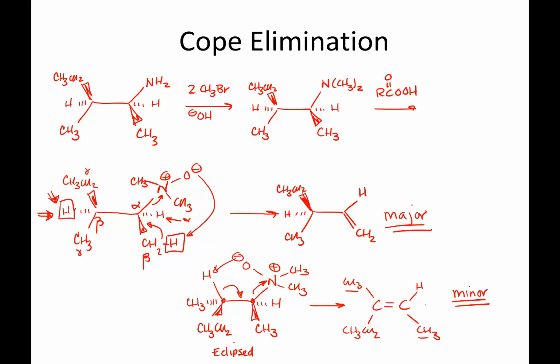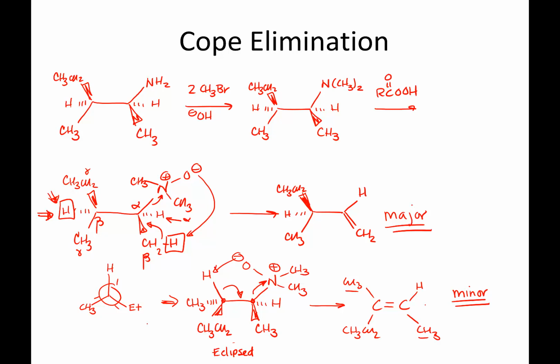Okay? So let's draw this out. Just to finish the story, as I'm looking down this bond, I'm going to see a Newman projection that looks like this. On the carbon pointed towards me is going to be a hydrogen up, the ethyl group on the right, and the methyl group on the left.